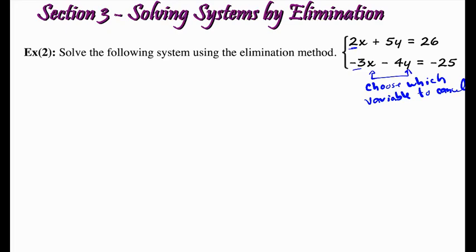So let's choose to cancel out the x variables. So the coefficient of equation 2 is -3, and the coefficient of equation 1 is +2. We're looking at the x coefficients because we want to cancel the x terms.